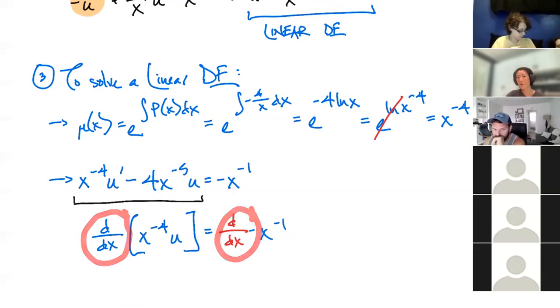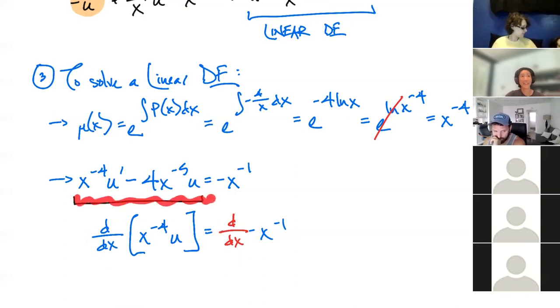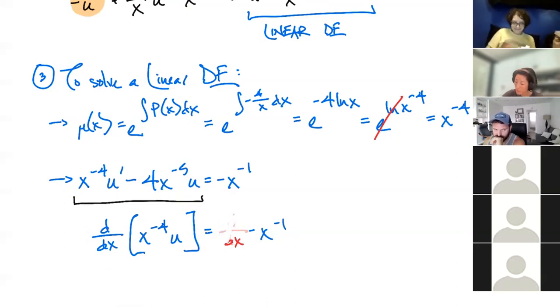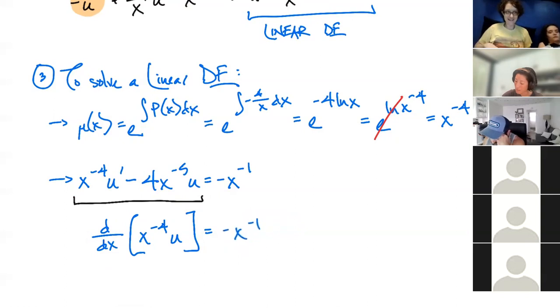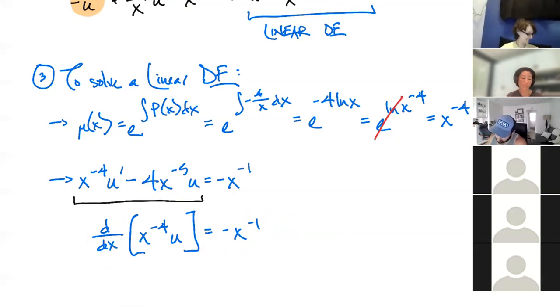But that's not actually what we're doing. We're just rewriting this left-hand side as the derivative of a product. So for that reason, we don't need the derivative of the other side. We're only writing that as a derivative so that now we can take the integral of both sides.